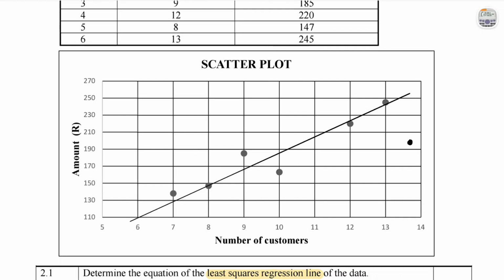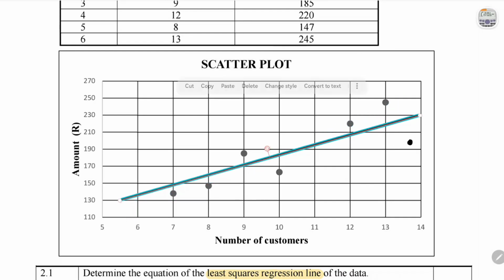So with the gradient as well, it's going to decrease that gradient because now you're adding more points here. So this line will not look the same anymore if you redraw it. This line will always follow that general trend, as in where most of the data points are. So because you're adding more points down here, it's going to cause it to decrease.